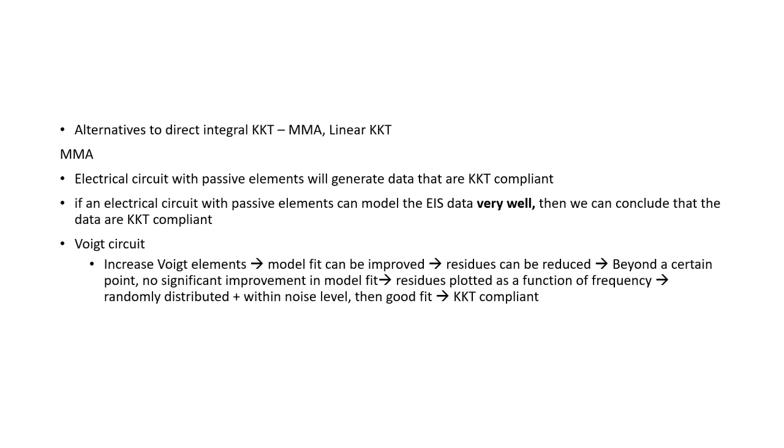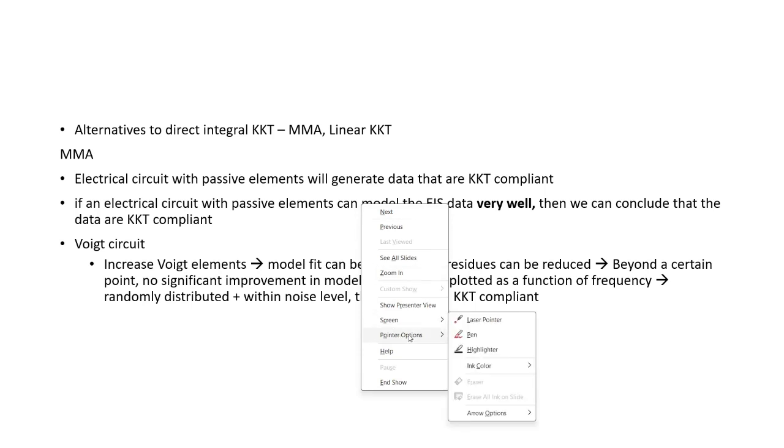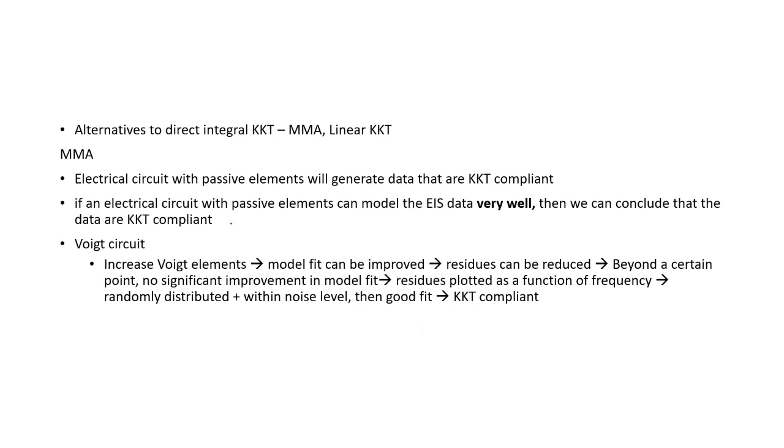We model the same system using them, and we say that if the electrical circuit with passive elements can model it well, then my system is KKT compliant. So the measurement model approach is basically fitting the data using resistors, capacitors, inductors, etc. If the system is able to fit well, we say it is KKT compliant. So the measurement model approach is an alternative to KKT.